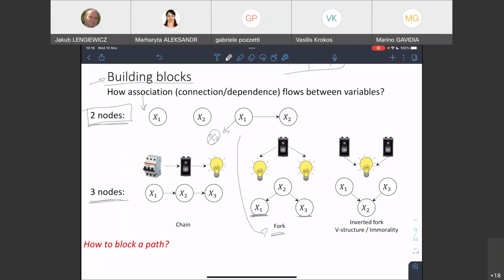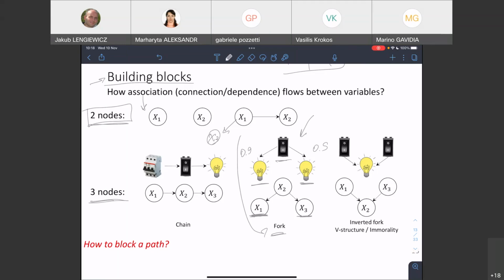To illustrate this situation, I will use the following example. Assume that we have two light bulbs in our room, and there is a switch in the room, and it controls the behavior of the light bulbs in such a way that when it is on, each of the light bulbs is on with high probability, let us say 0.9. When it is off, then there is no light, again with high probability.